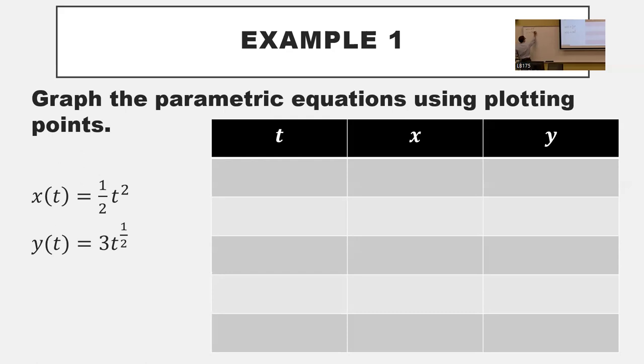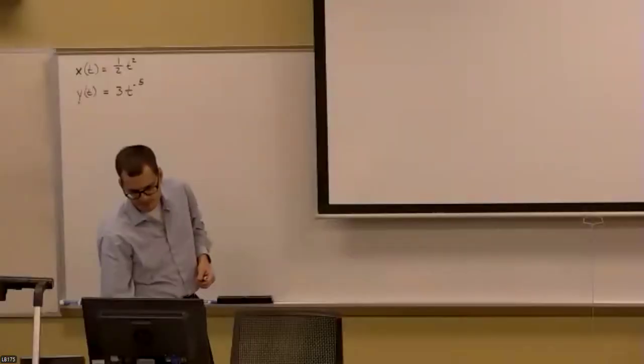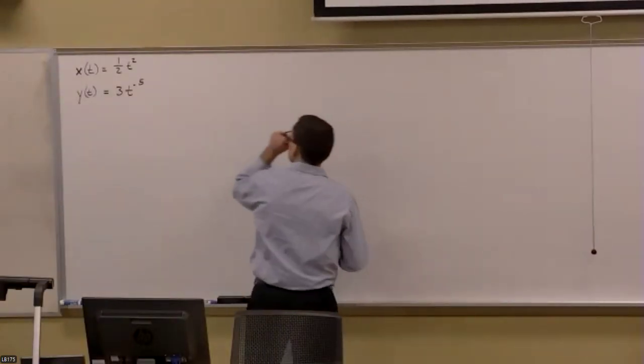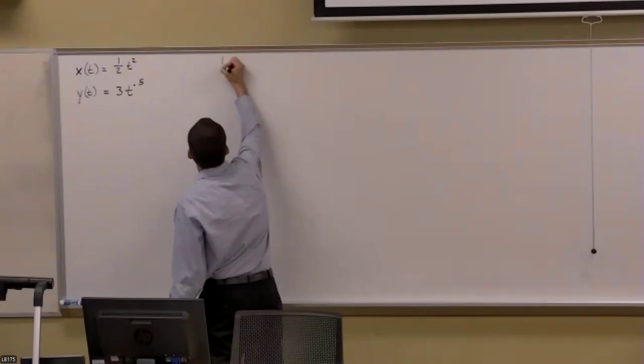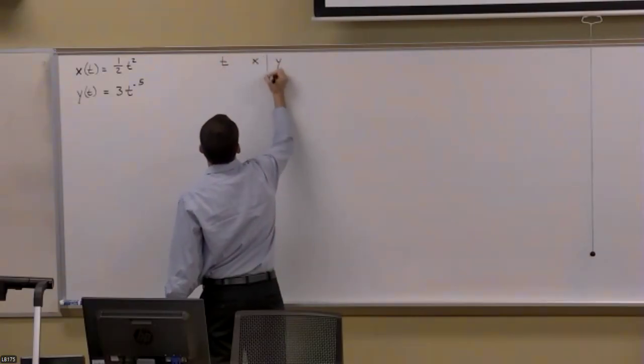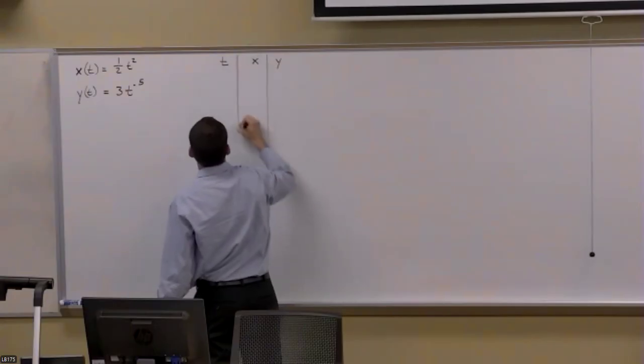I'm going to write 0.5 power on the board. And then I'll create a table.